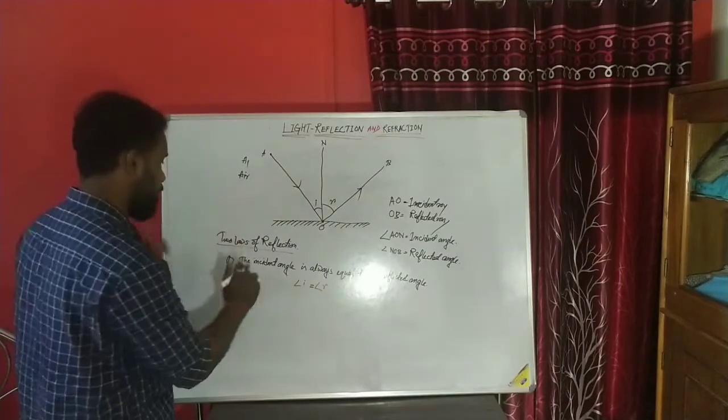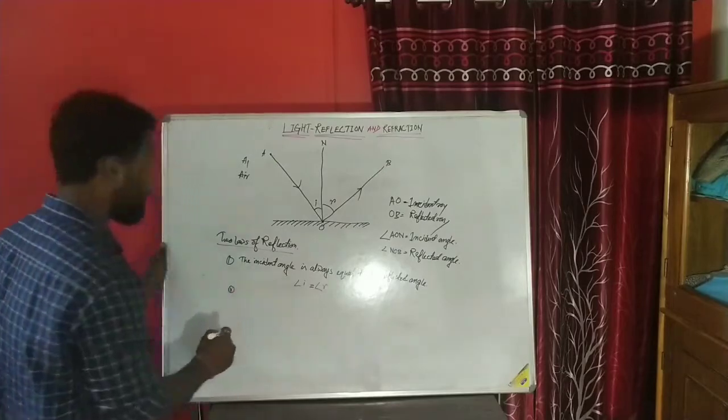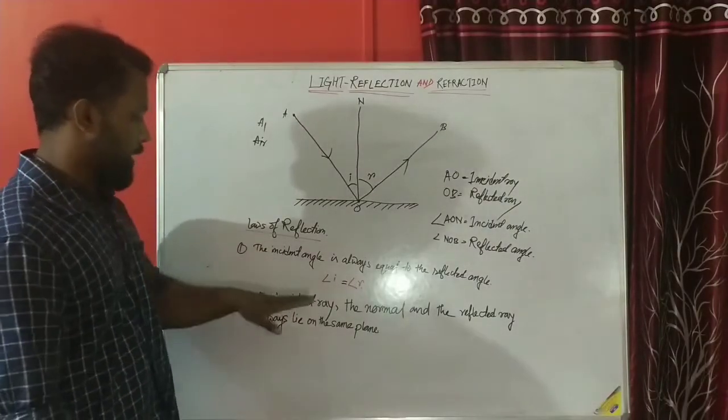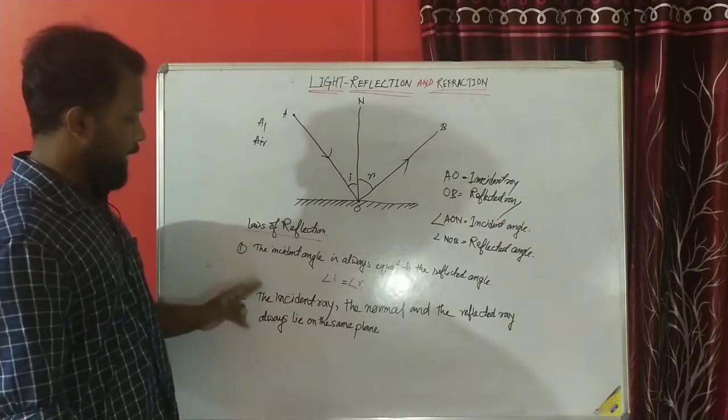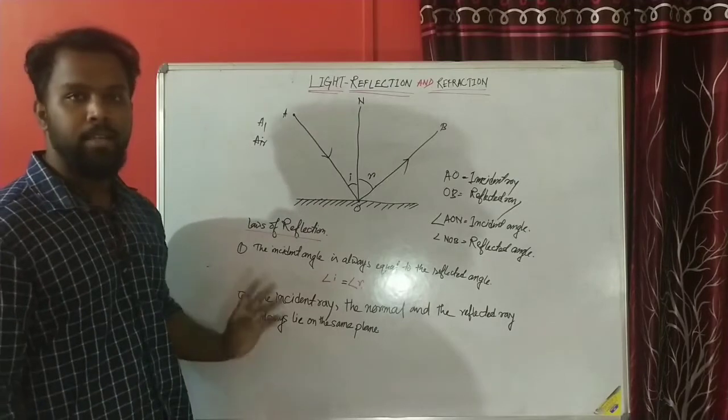This is the second law: the incident ray, the normal, and the reflected ray always lie in the same plane.